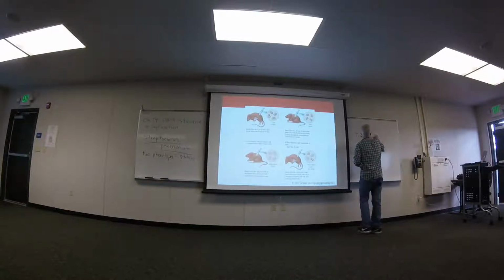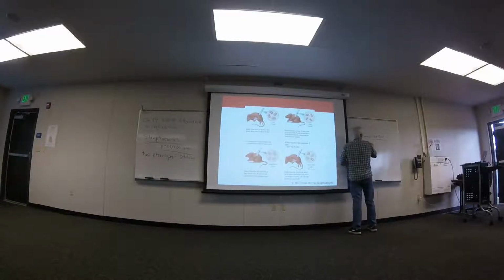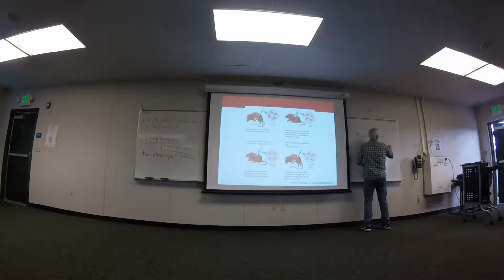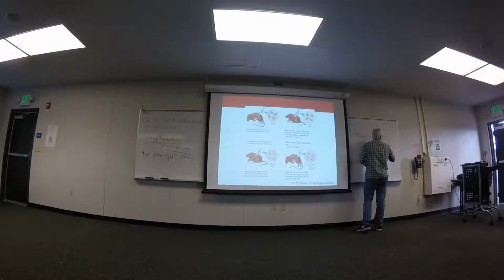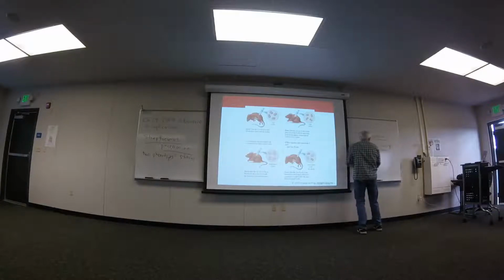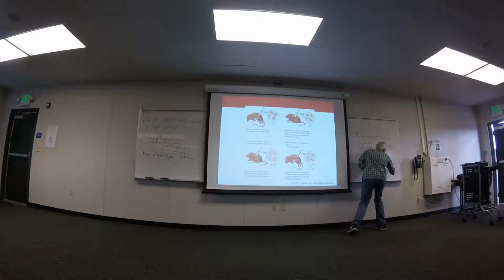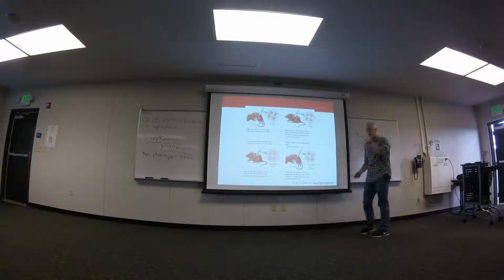Transformation, according to Griffith, is the uptake of foreign DNA by a cell, or an organism. Let's say an organism. In this case, it's a cell. And the recipient organism acquires these new traits according to the DNA it inherited. You're transformed.